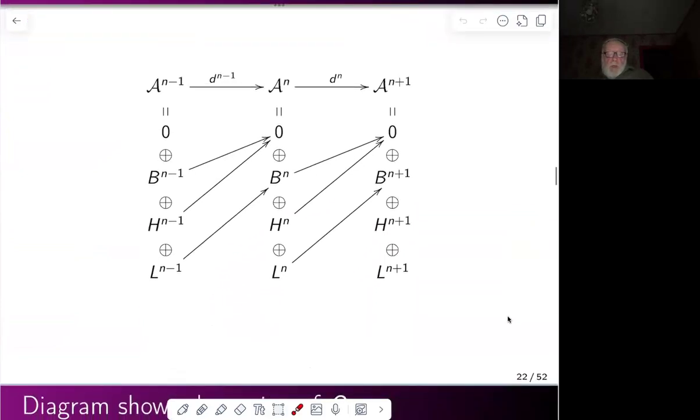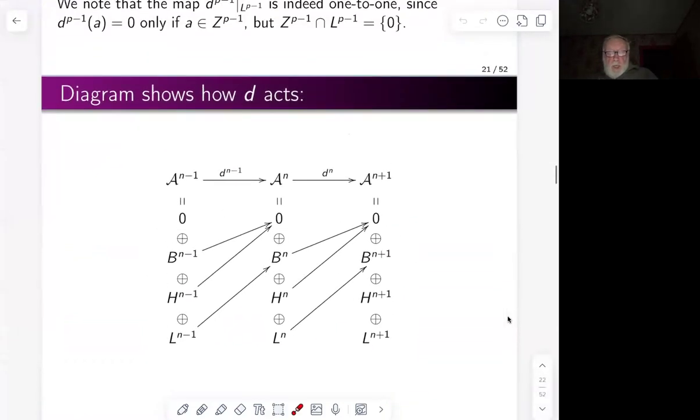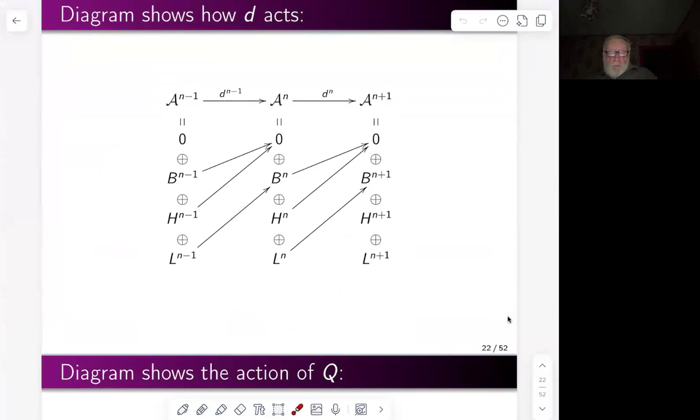Diagrammatically, we have part of our chain complex A, d_(n-1), d_n, and then we see how this d acts. On the level of B and H, it goes to 0 in degree n minus 1. On the level of L, it goes to B^n. And then d_n, again, on the level of B and H, goes to 0.